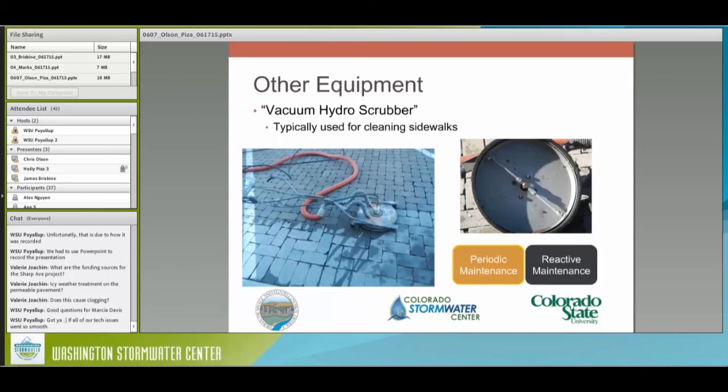But I think what I want to say about this is that the maintenance of permeable pavement is much more about the vacuuming and the suction than it is about pressure washing. So water can really help dislodge some of that sediment, but if you don't have a vacuum at the same time, you're just going to push sediment down into the pavement. So this is equipment that can be used for periodic maintenance as well as reactive maintenance.